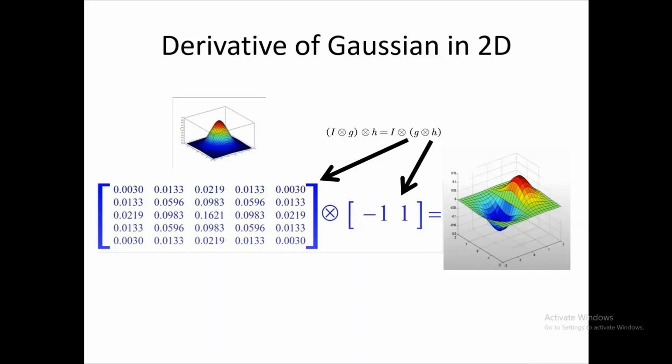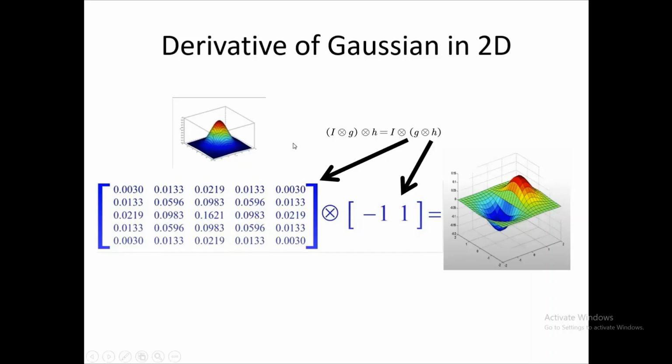Let us suppose we want to take the derivative in the x direction. This little h in this equation implies a little filter that just takes our derivative in the x direction.